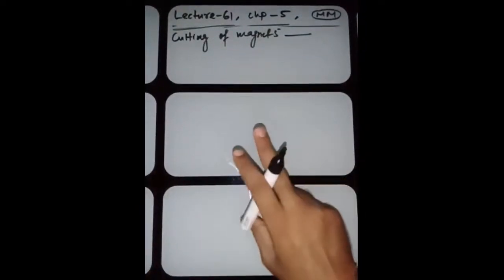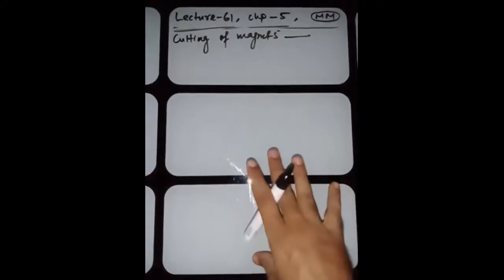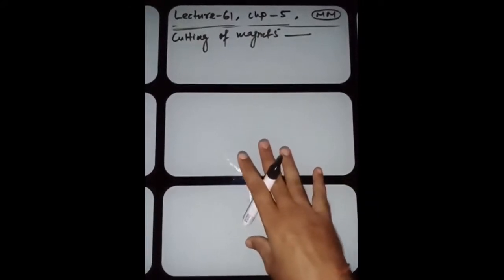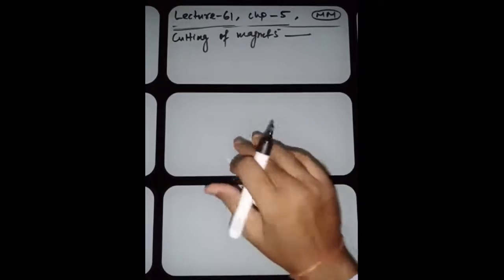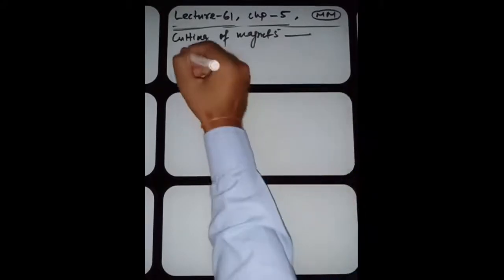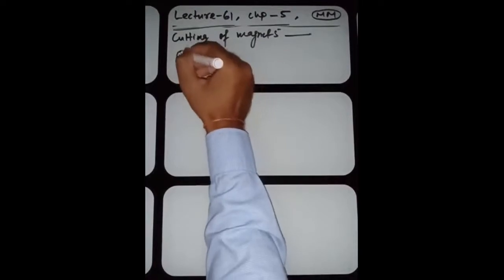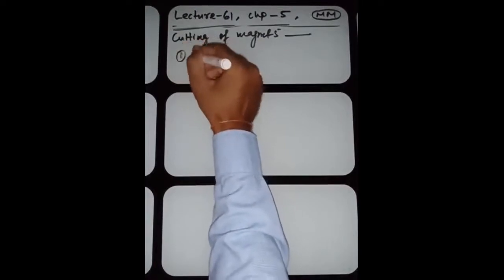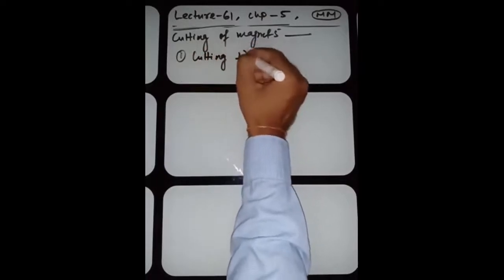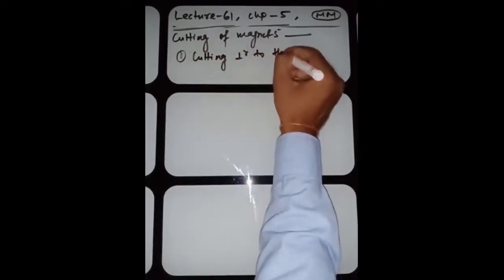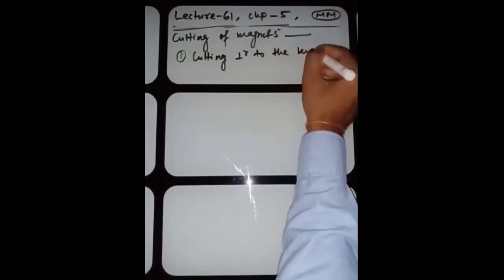So in two ways we will cut a magnet. One, if we cut this magnet perpendicular to the length.